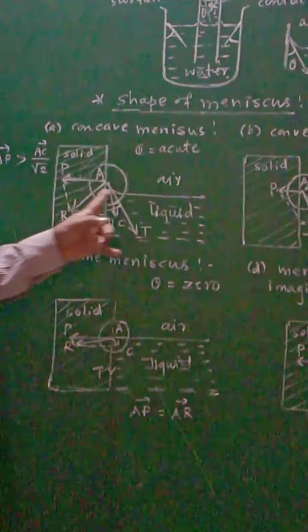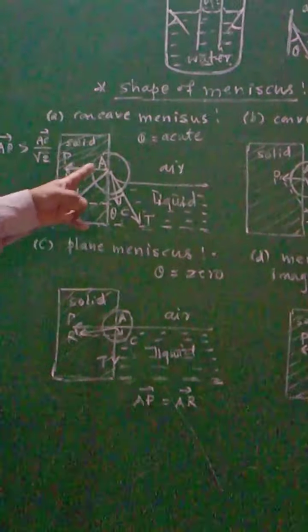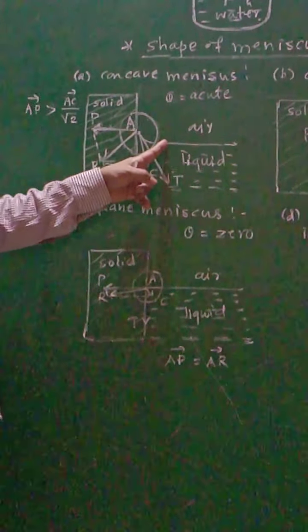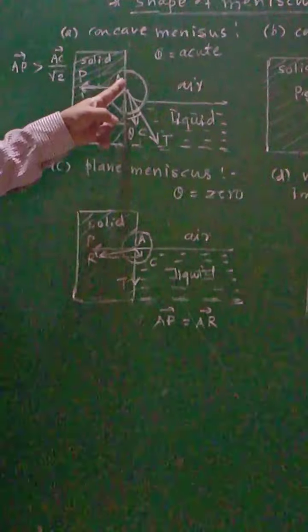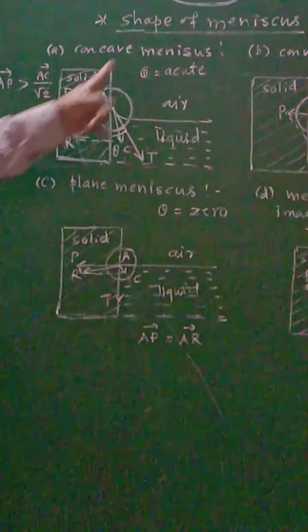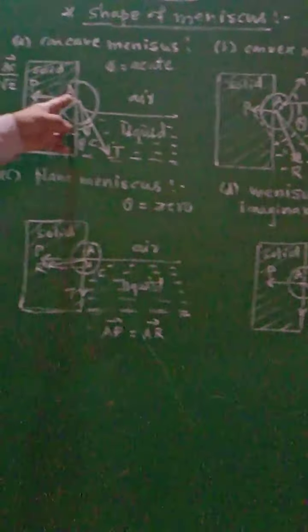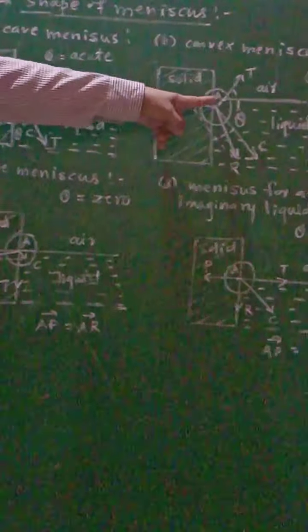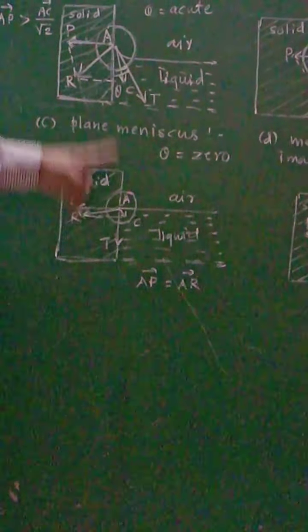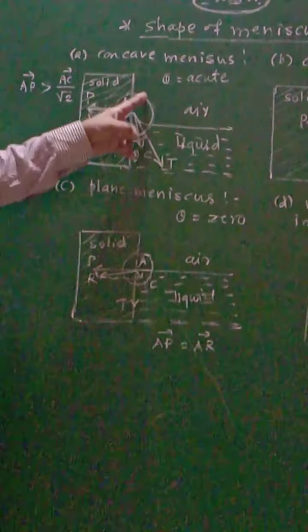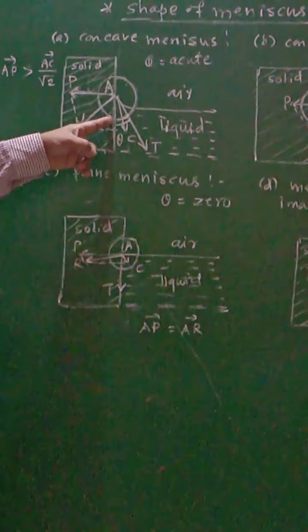So, to explain this shape of meniscus, we have considered here molecule A of the liquid which is in contact with this solid. In all diagrams, molecule A is in contact with this solid. Then around this molecule A circle is drawn here.